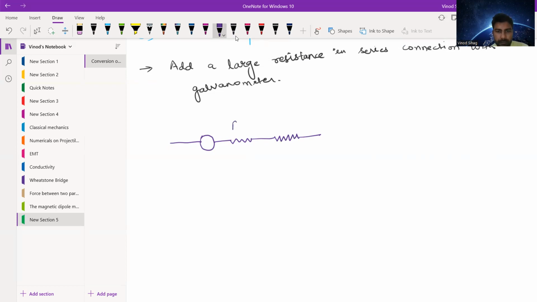So here this resistance is Rg, and this one will be a very large resistance R, and basically it is denoted by Z. So this whole setup will be called a voltmeter. This also we can mention in the dotted form, that it will act like a voltmeter.